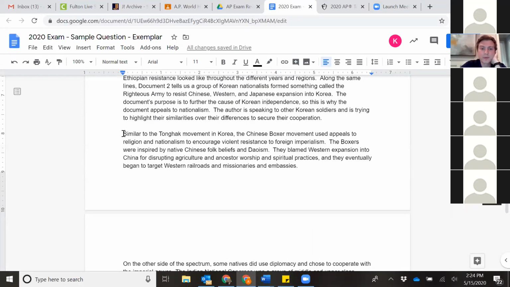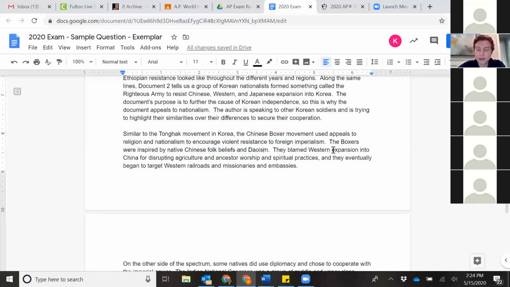One, I said, similar to the Tonghak movement in Korea, there was the Chinese Boxer movement. That was probably one of our last days in class together, I was doing that Boxer Rebellion Day, in which the Boxers used appeals to religion and nationalism to encourage people to rise up against foreign imperialism. The Boxers were inspired by native Chinese beliefs and Taoism.